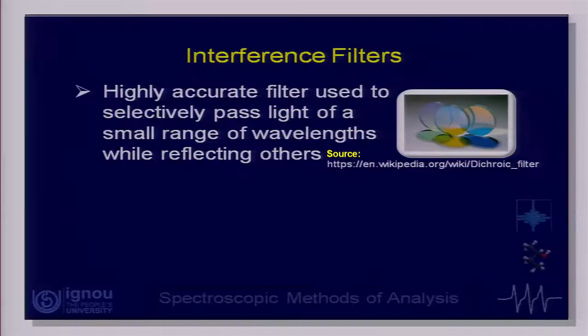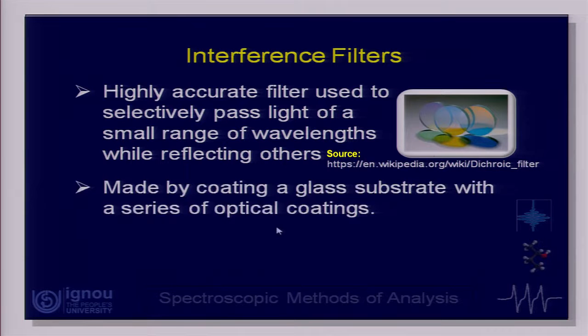Let us talk about another kind of device, called an interference filter. These are highly accurate filters which are used to selectively pass light of a small range of wavelengths while reflecting the others. Essentially, this is again made up of glass, and this glass has optical coatings. That means, if I have a glass piece, I make a number of coatings on it, and when the radiation passes through, the outcome is a very narrow range of wavelengths.